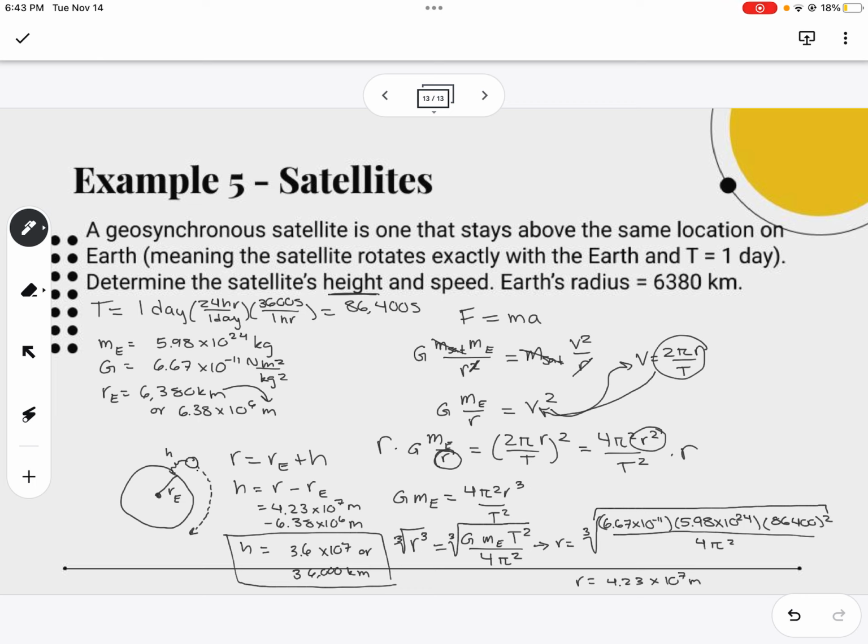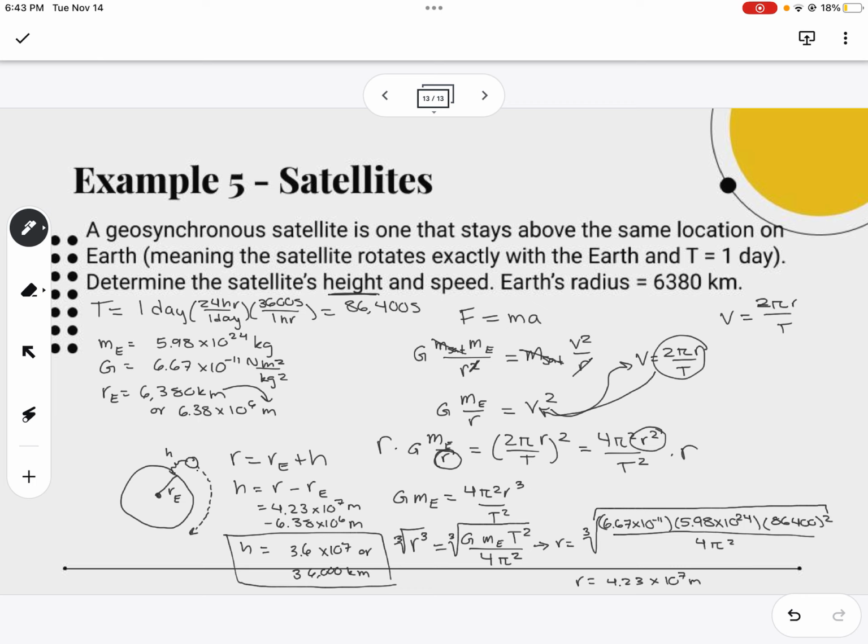If you wanted to find the satellite's speed, you could either just plug back into this equation, v equals 2 pi r over t. You could totally do that. You know what its r value is at this point, that 4.23, so you could just plug in there. That would work.